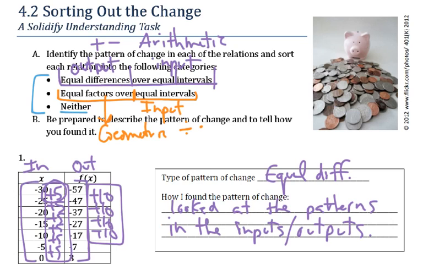Once again, we check the inputs. Are the intervals equal? And then we look at the factors. Are we using the same factor each time? If it doesn't follow either of those, that's why we have the neither. So we're looking for equal differences or equal factors, trying to decide how we can find that pattern out, and if it's not either, we call it neither.